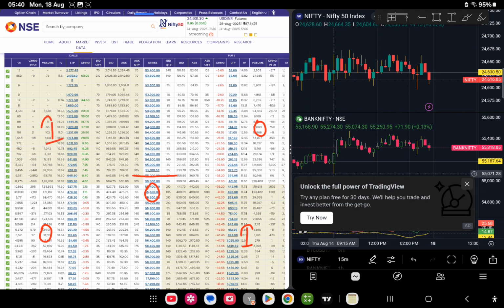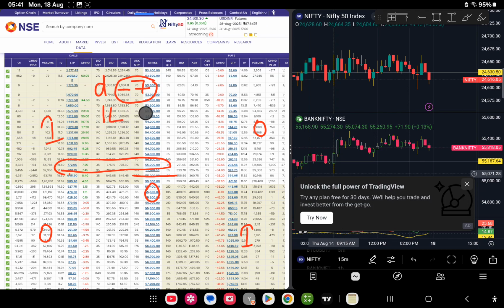We'll calculate the loss for Bank Nifty. So I'm going to take this strike 55,000. Okay, so the decay is -7.